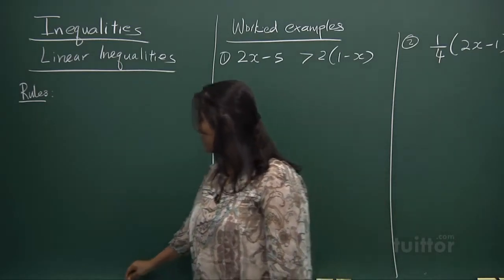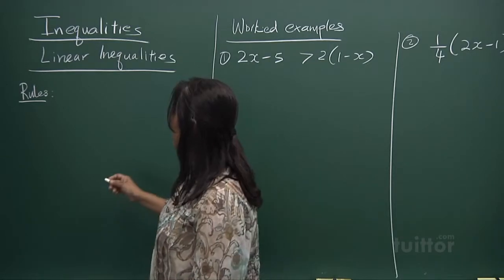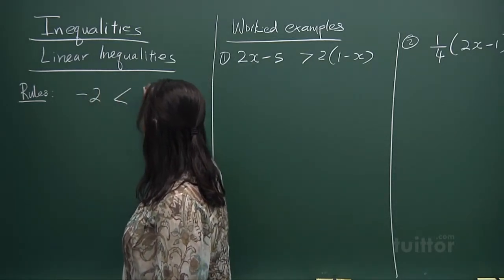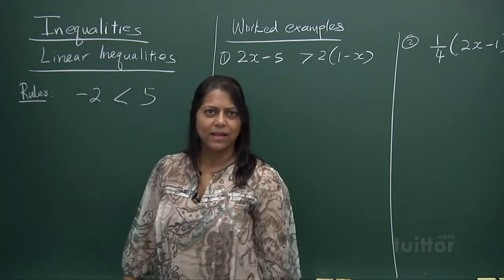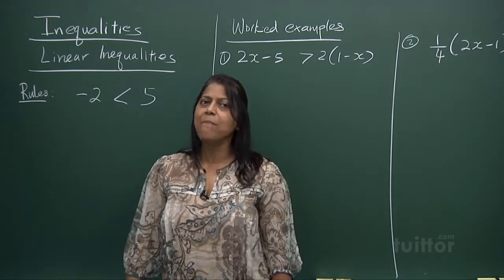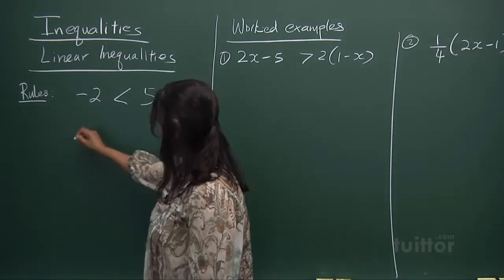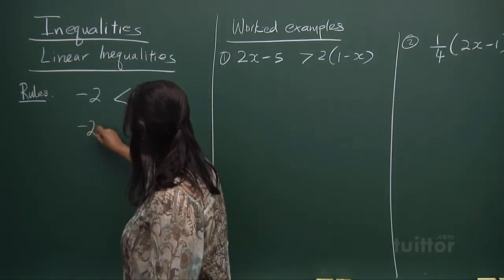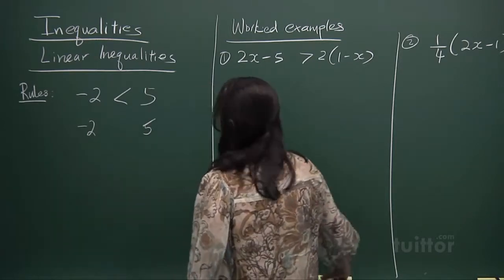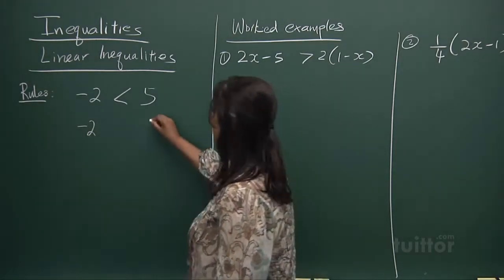If x is less than 2, x is less than 2. But if we have, like here, minus 2 is less than 5. You got it? Minus 2 is less than 5. If I multiply both sides with minus, this is a 5, and the sign of the 5 here is a plus.